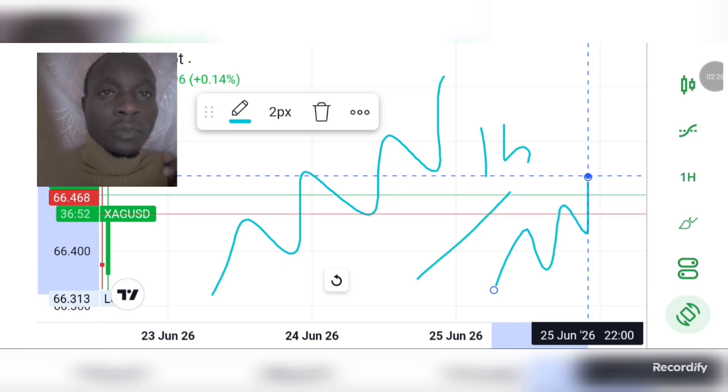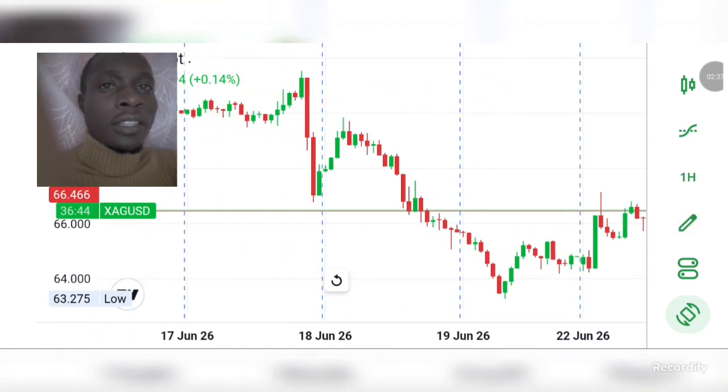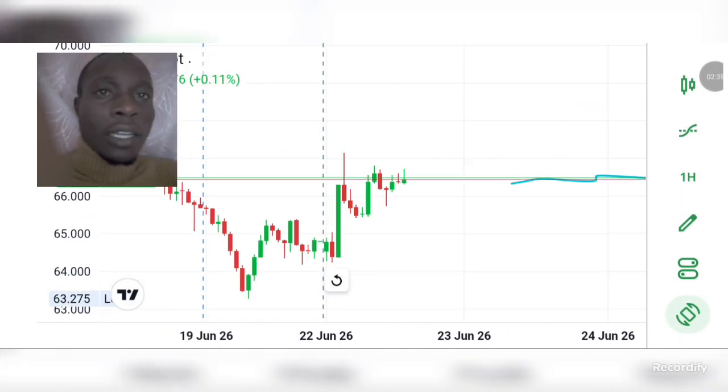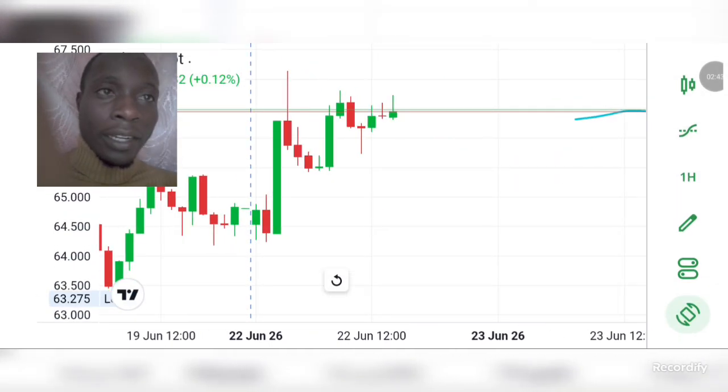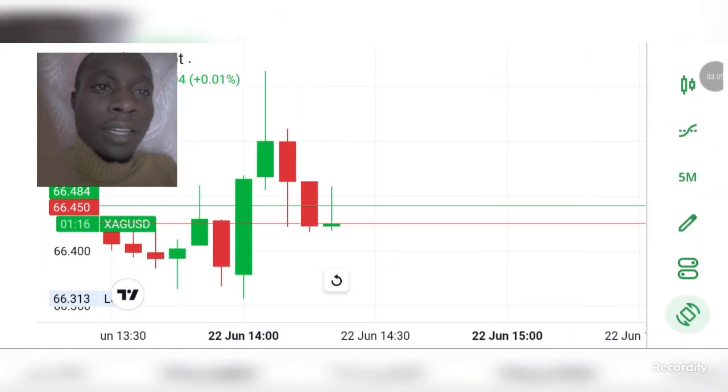For instance, let us view this chart together. This is a chart for 1 hour, and you see the candle formed here is a green candle, which indicates that at some point it looks like an indecision candle is forming. Then when you shift to a lower time frame, let us say 5 minutes, you see the candle formed here is a red candle.